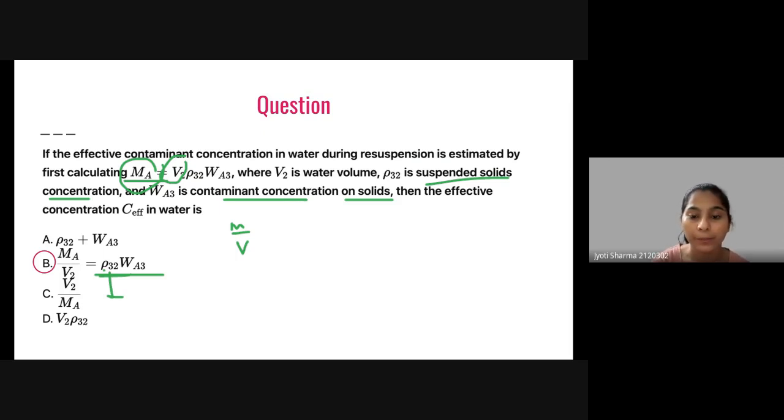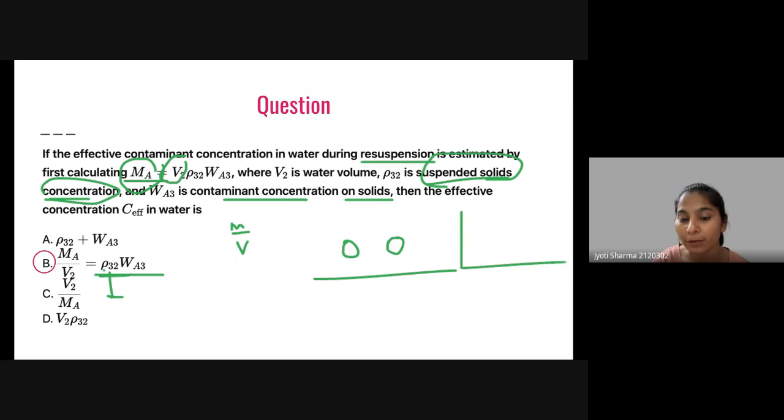Because the important part is, if you have this sediment, and in the sediment you have pore water, what you have to see first is how much solid is suspended after the resuspension. So in the water, how much solid we have. So this is your suspended solid concentration.